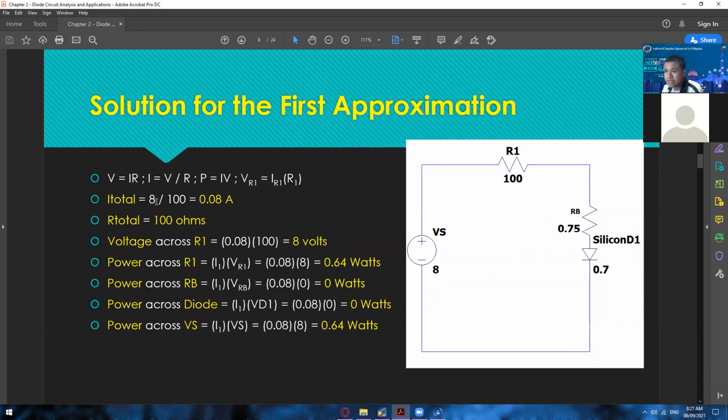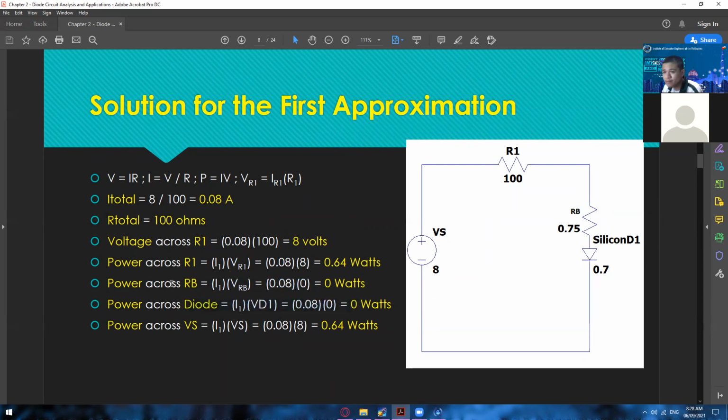all we need to do is deduct the 0.7 from our total voltage, and then of course we have a different current. But the R total is still the same, since in second approximation we don't consider the bulk resistance. So this will change, this will change, this will change, and this will change.